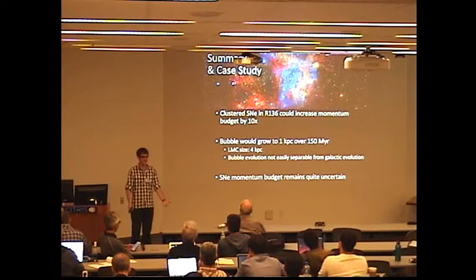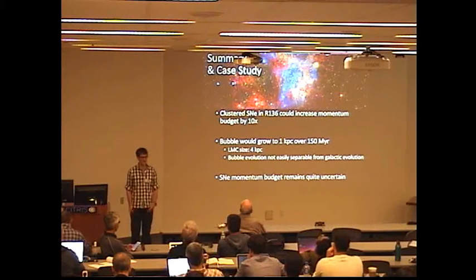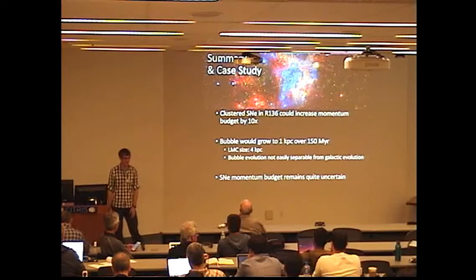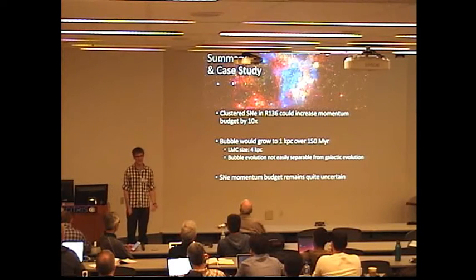So this is significantly more than what you would have previously expected. But the bubble would take around 150 megayears to expand about a kiloparsec before it finally gets to that momentum. The LMC is only about 4 kiloparsecs, so it's probably a very bad assumption that this is completely independent of the details of what's going on in the LMC.